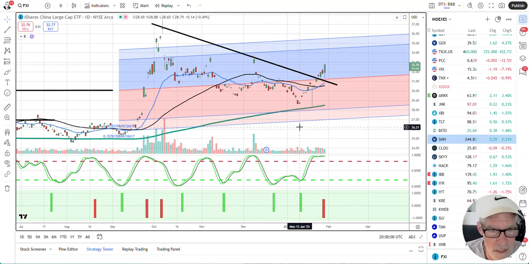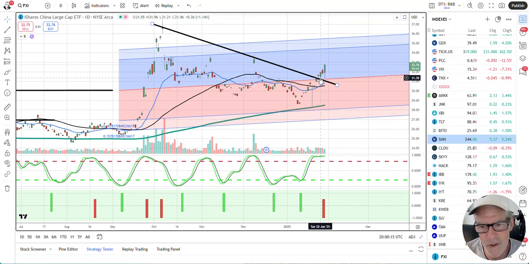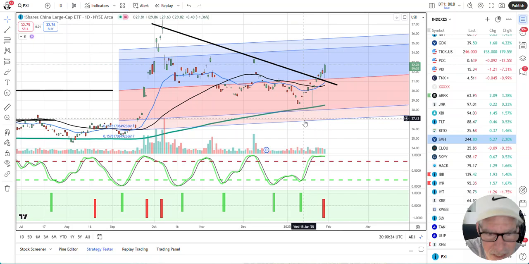This is the non-leveraged large cap blue chip index fund for China stocks. The top 20 stocks are in FXI, including Baba, Baidu, and a bunch of others. And it broke out the other day. Of course, DeepSeek had no influence or no impact on this at all. In fact, it was positive, and a big, big move today.